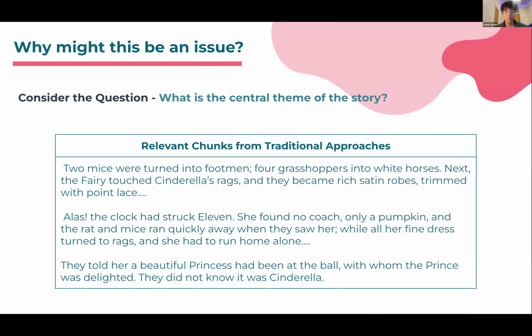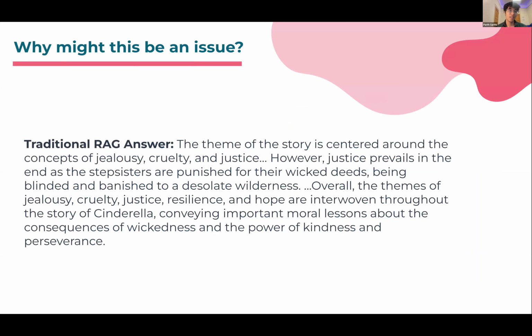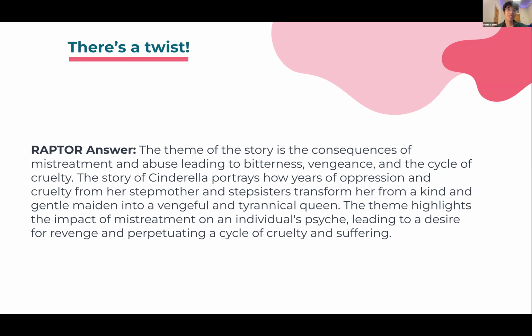You pass these chunks to your language model, and you get this amazing answer, right? The theme of the story is centered on jealousy, cruelty, justice prevails in the end. The story is about Cinderella, conveying important moral lessons about the consequences of wickedness and the power of kindness and perseverance. Seems perfectly fine, seems like a great answer, but there's a twist.